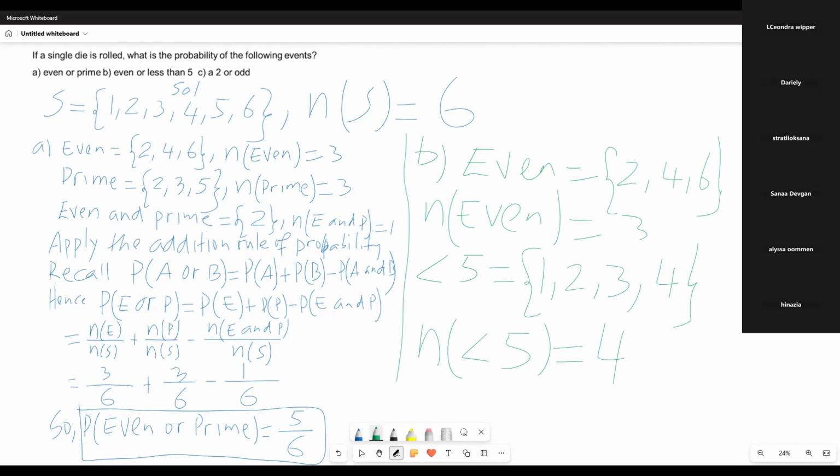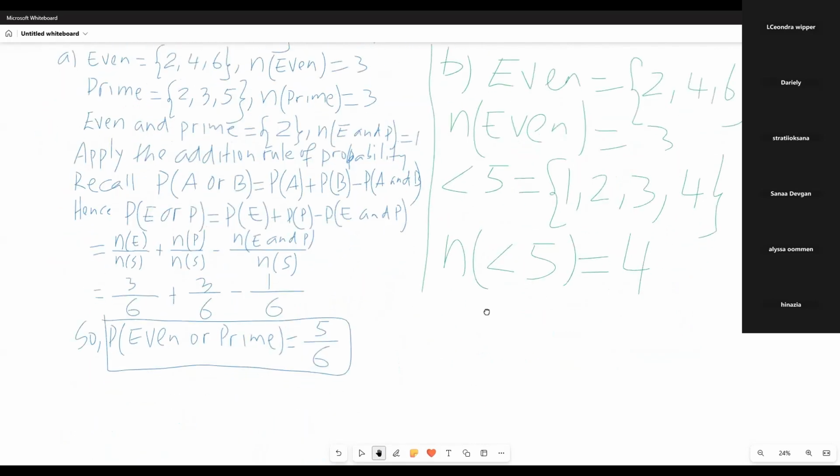Now, do you think these two events are mutually exclusive? Do you think they have something in common? You got even: 2, 4, 6. You got less than 5: 1, 2, 3, 4. Right? Yes. So they have 2 and 4, 2 outcomes in common.